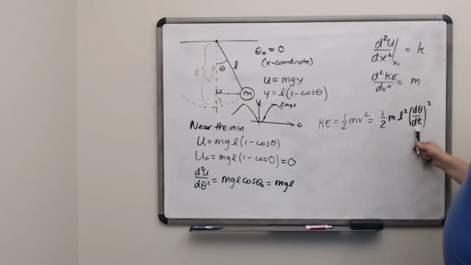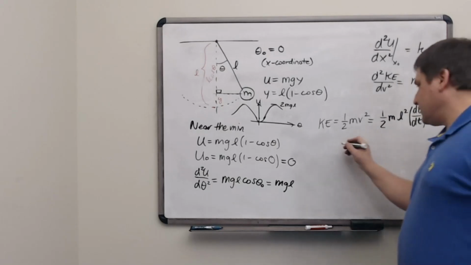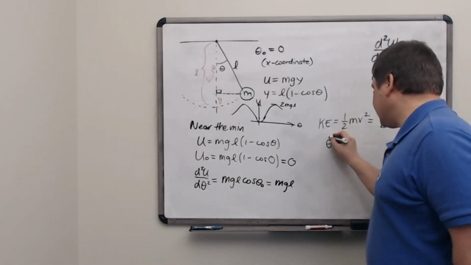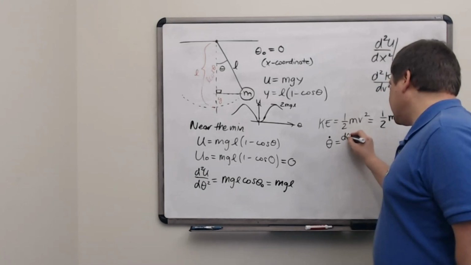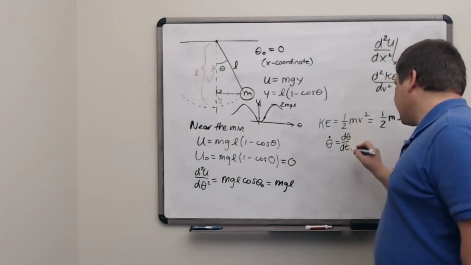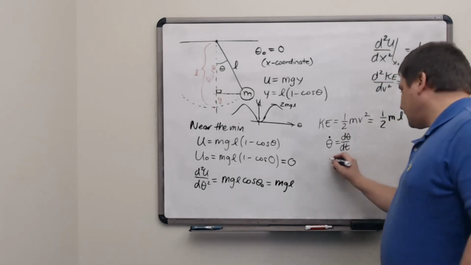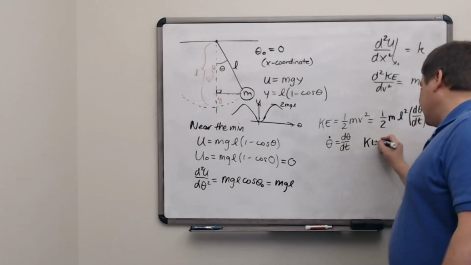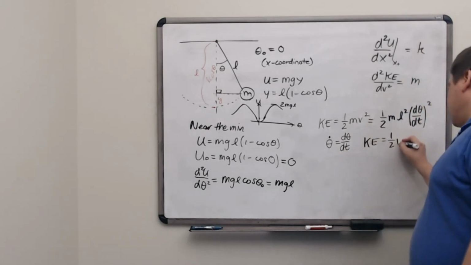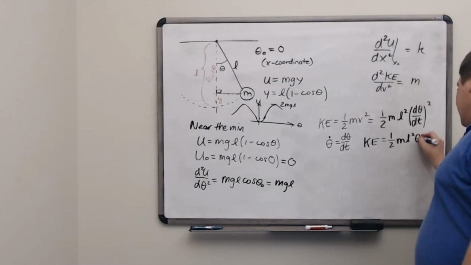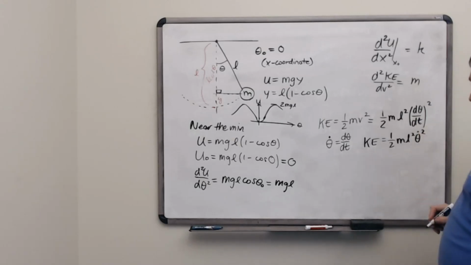So I write this as d theta dt here, but this is really our velocity parameter that we will use for the derivatives. So I'm going to introduce a new symbol for it, which is theta dot. This is equal to d theta dt.